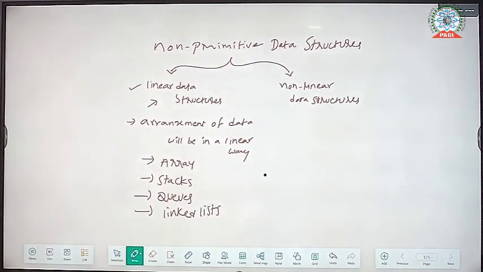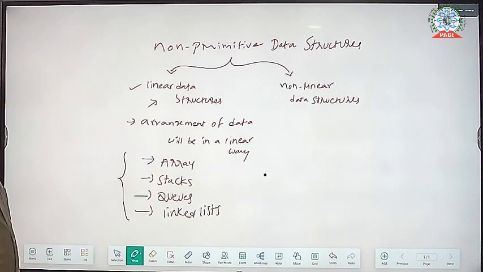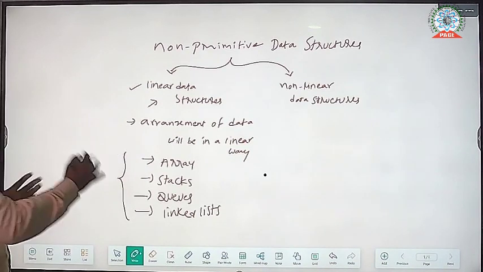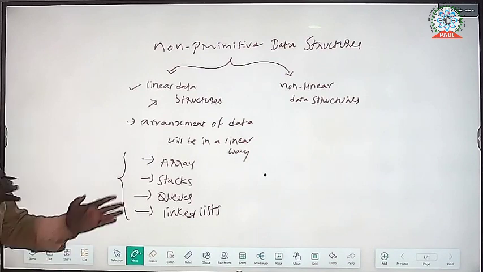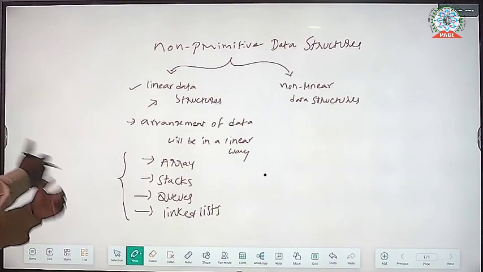In all these data structures, the arrangement of data is in a linear way. How the arrangement is in a linear way, I will explain further.